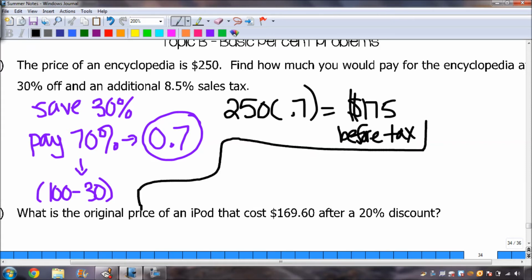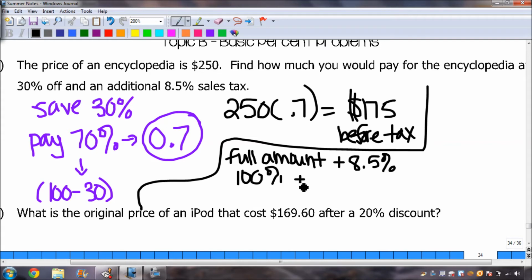For the tax piece, you have to pay the full amount plus 8.5%. Well, the full amount is 100%, and you have another 8.5%, which is 108.5%. But as a decimal, that's 1.085.